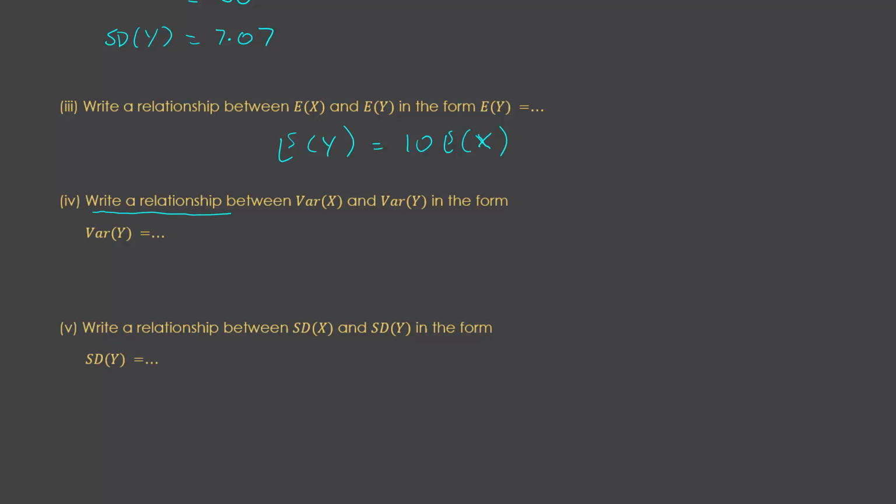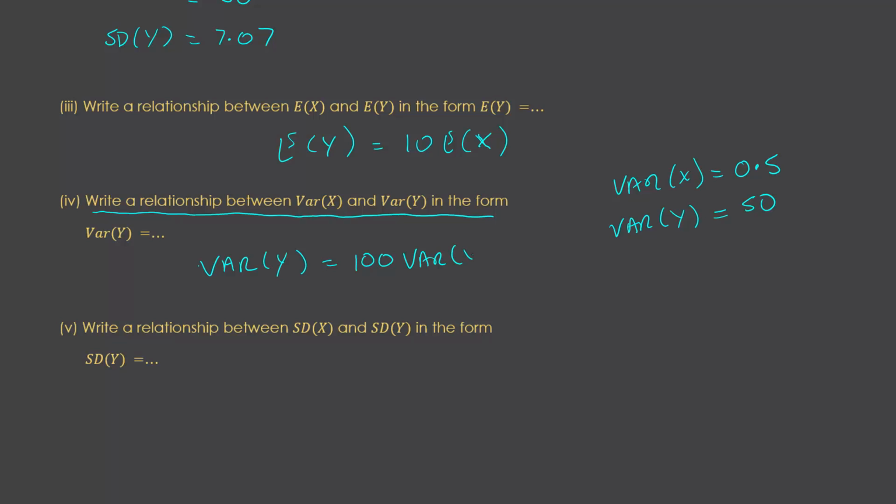Now, if we think about the relationship between variance of x and variance of y, remember the variance of x was 0.5 and the variance of y is 50. That means that the variance of y is 100 times the variance of x.